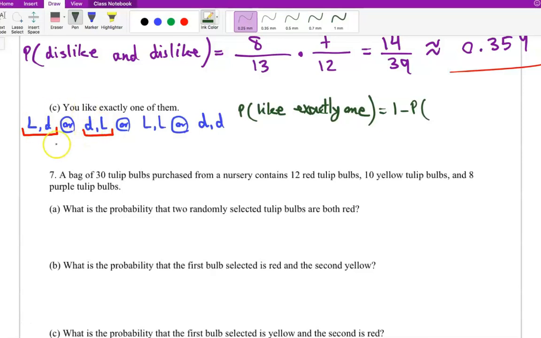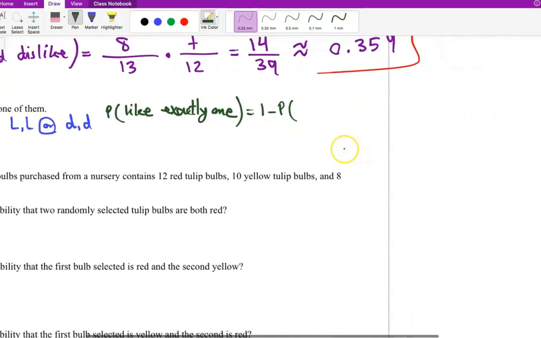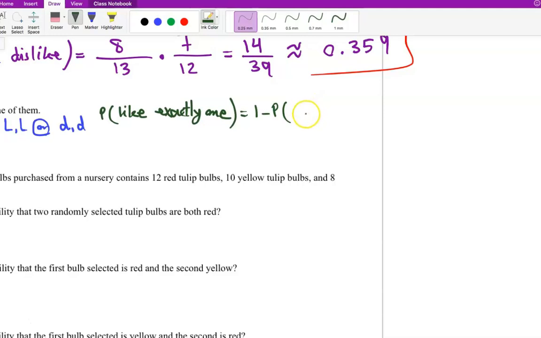Instead of working on that part, I'm going to work on these two and subtract from 1 to get the answer. So the probability of dislike both or like both.